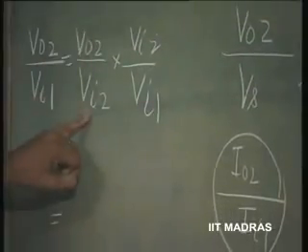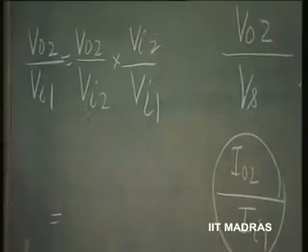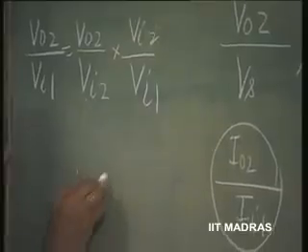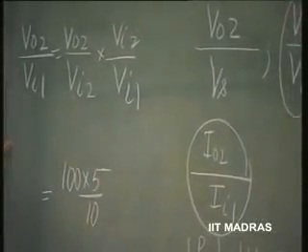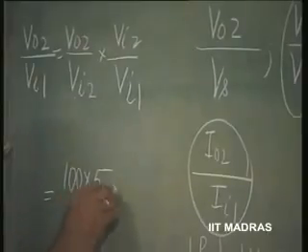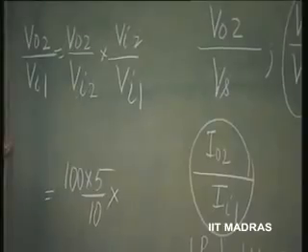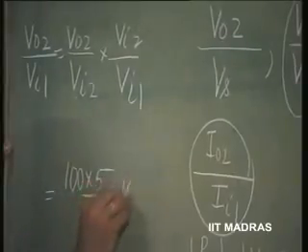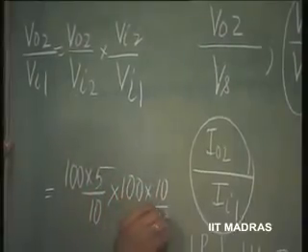V naught 2 by V I 2 is given there as 100 into 5 by 10, into the other portion, V I 2 by V I 1, which has already been evaluated as 100 into 10 by 15.